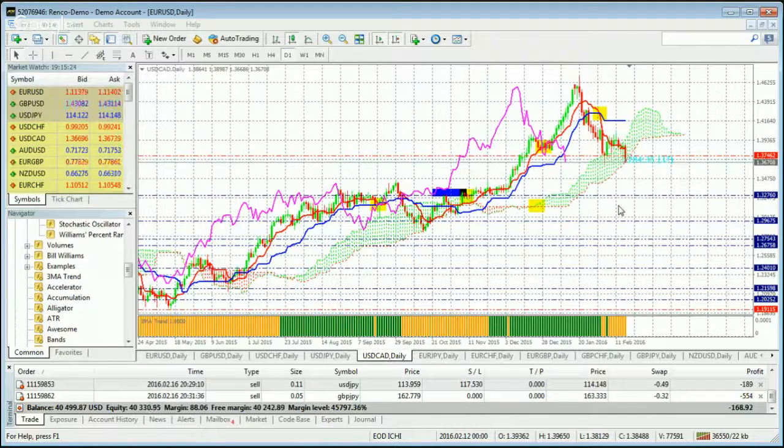Where's price? Price is inside the cloud, which means we're actually hitting consolidation. If you look at the way in which price is running, you can see that it's running on a support level, looking like it wants to break it. The candle itself looks like it's trying to pierce the cloud.